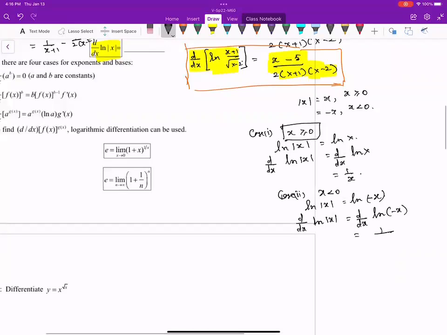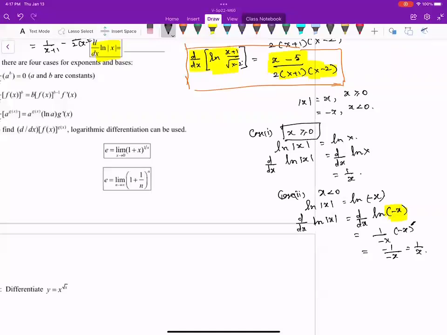This would be 1 over negative x times negative 1 by chain rule. What do you have to do? 1 over the argument and then the derivative of the argument, right? So it's 1 over negative x times the derivative of negative x. So that will become negative 1 over negative x. That will be 1 over x.